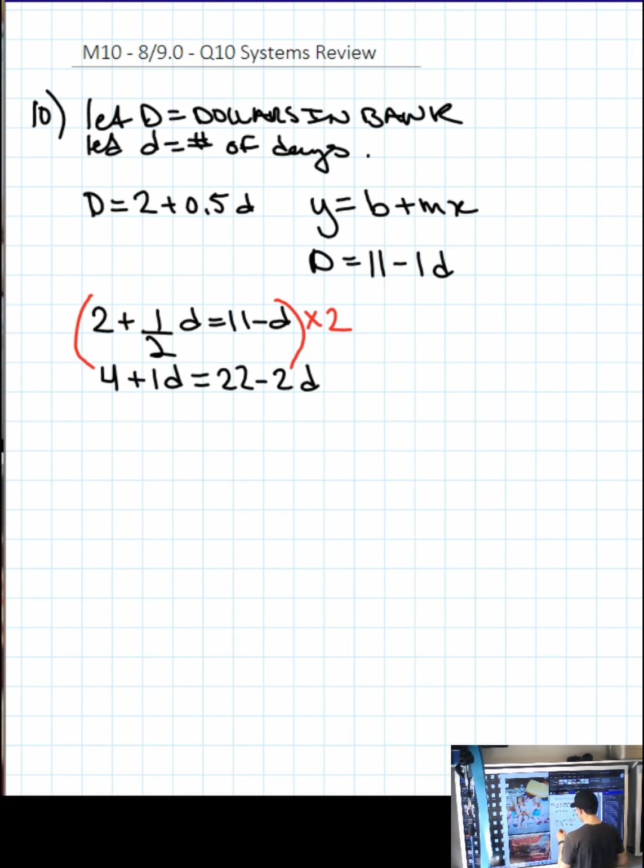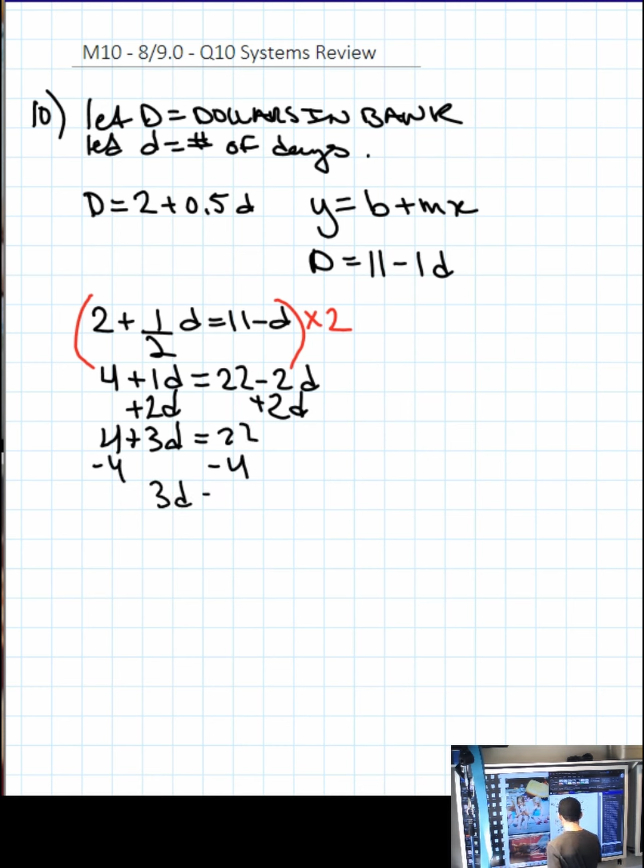Okay, so if we add 2d to both sides, we will get 4 plus 3d equals 22. Minusing 4 from both sides, 3d equals 18. Dividing both sides by 3, d equals 6.